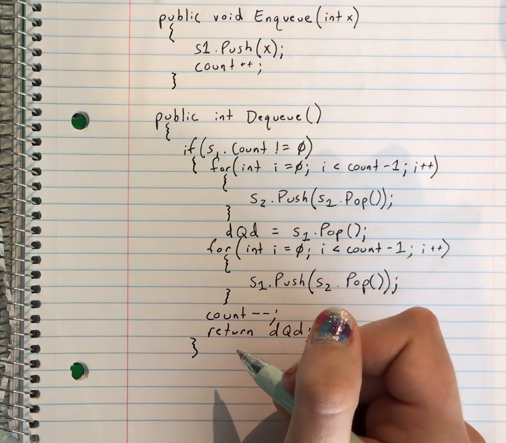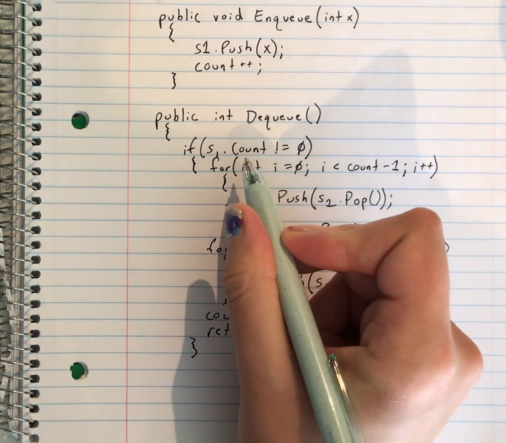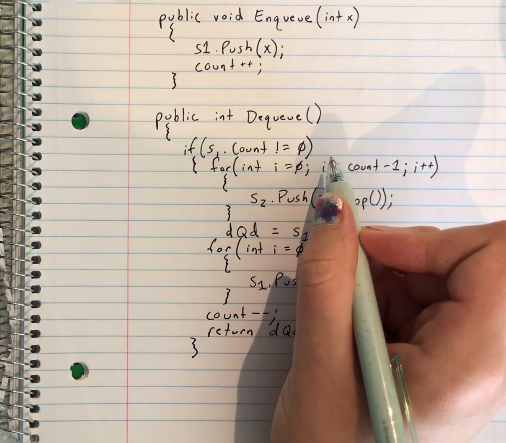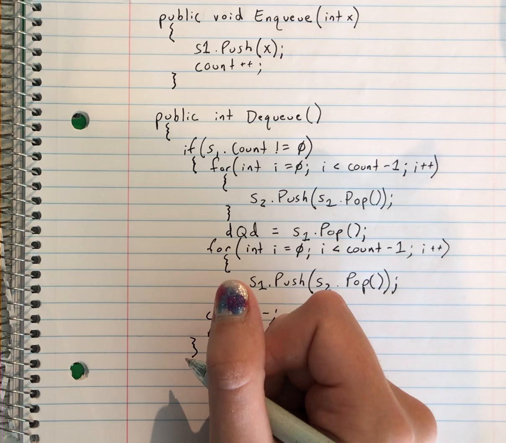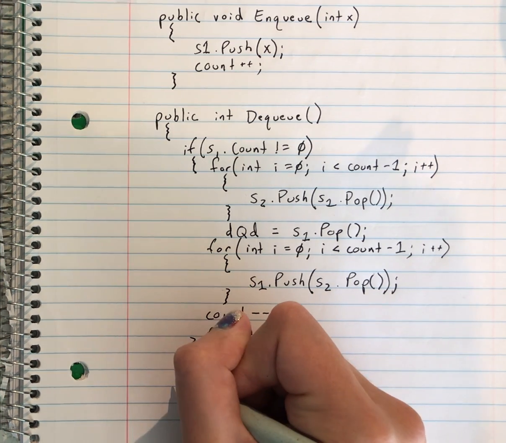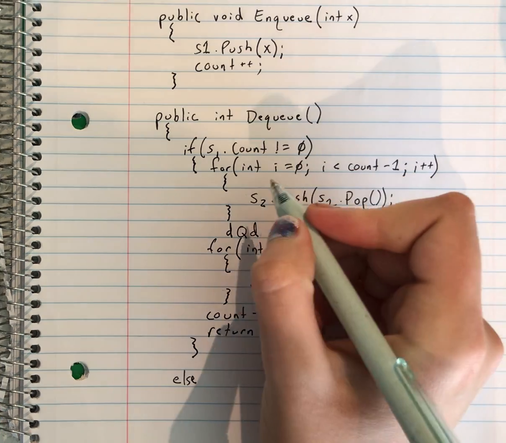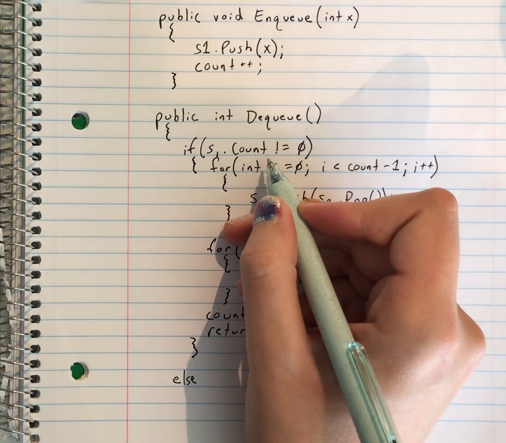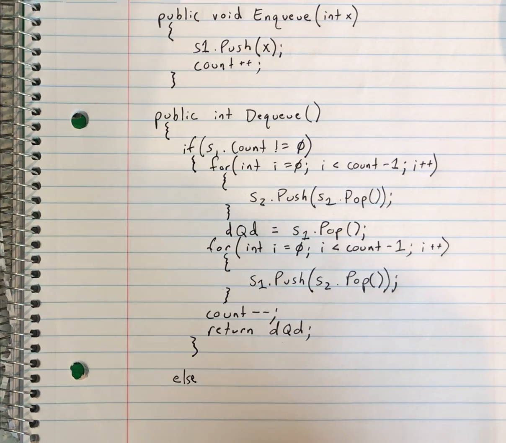Now we need a situation for when s1.count is 0, so when there's nothing in stack 1. We'll do that using an else, because if s1.count is not 0, that means it's 0.